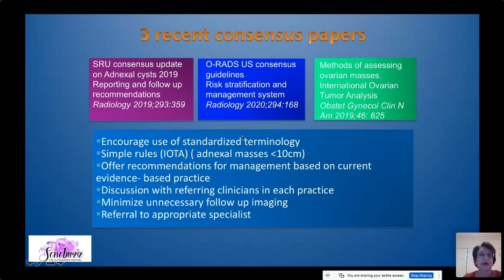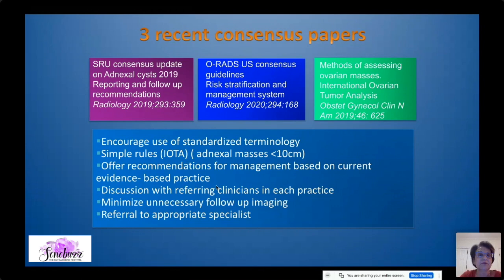And then there is finally the O-RADS from the American College of Radiology, which tries to be a very comprehensive management strategy to classify risk of an ovarian or adnexal mass being malignant. And so I would encourage everybody to adopt at least some of them to try to make it uniform throughout your practice, especially if you have a very large number of radiologists, such as we have at NYU or we had at Hopkins.